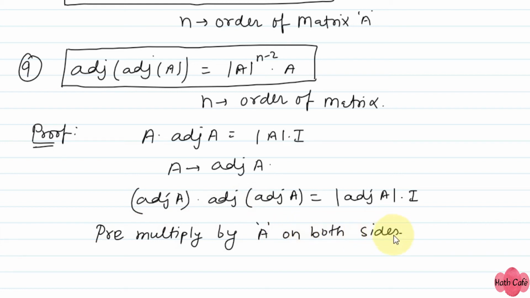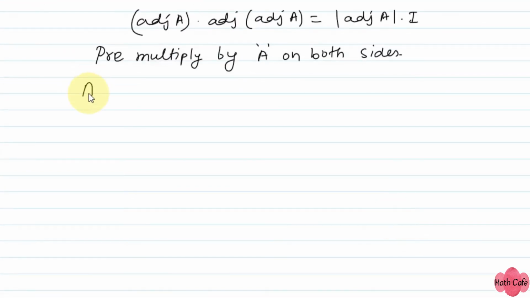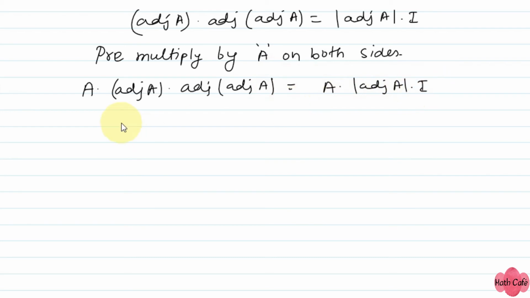Okay, so finally we will get here A multiplied by adjoint of A and adjoint of adjoint of A, that is equal to A multiplied by determinant of adjoint of A multiplied by I. Alright, so here A multiplied by adjoint of A is determinant value of A multiplied by I, and multiplied by adjoint of adjoint of A, that is equal to, if A is multiplied by I, that will become A. Alright, and determinant value of adjoint of A is determinant A power n minus 1.